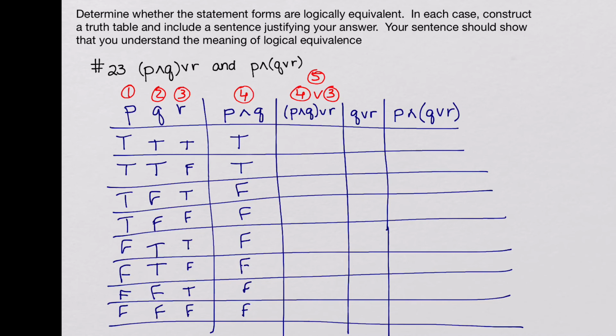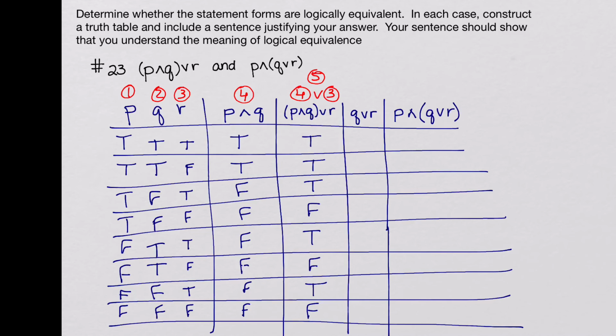So if there's any true in it, it's going to turn out true. So we have true, true, true, false, true, false, true, false. Oops. False. There we go. All right. So that is column 5.